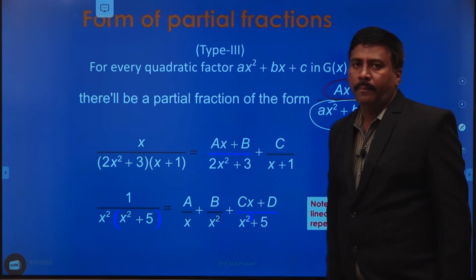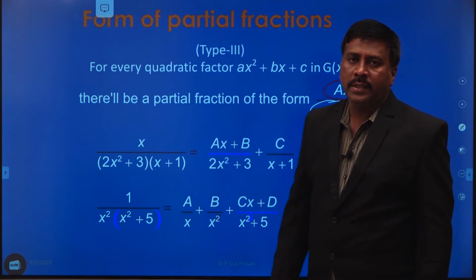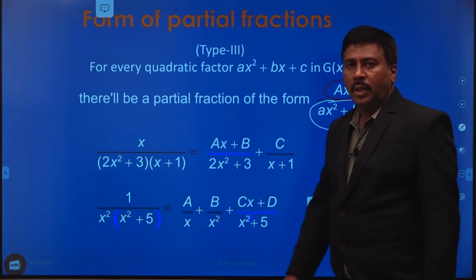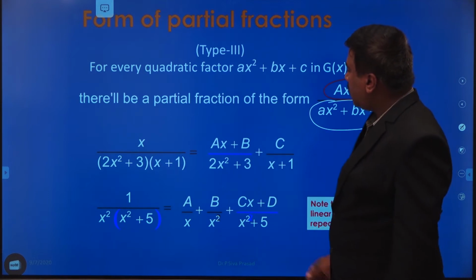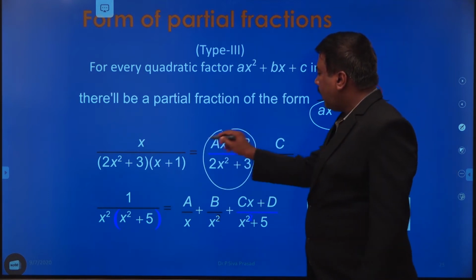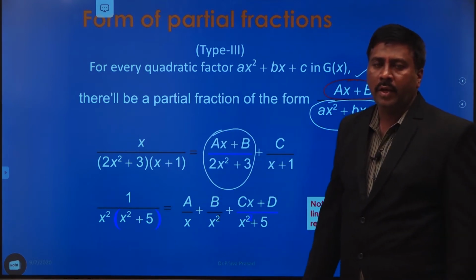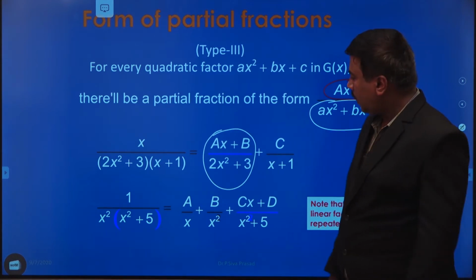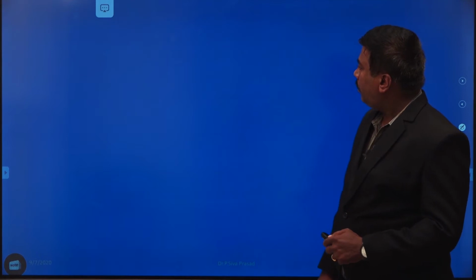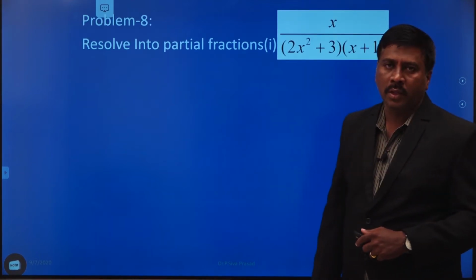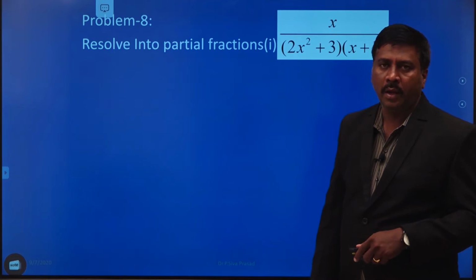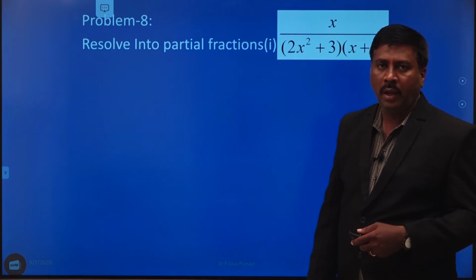This is type 3, the quadratic form. So we consider the quadratic form as Ax plus B. In that, we learned how to write the partial fractions and the procedure for evaluating the constants A, B and C. We have completed many problems on this, and I also gave some problems to be worked. I think all of you did well.